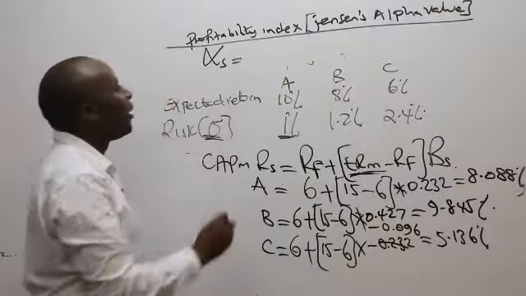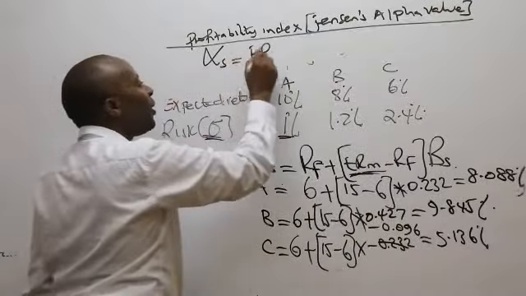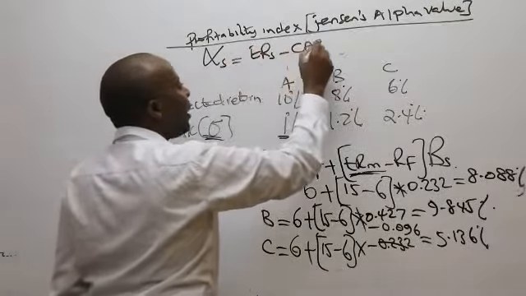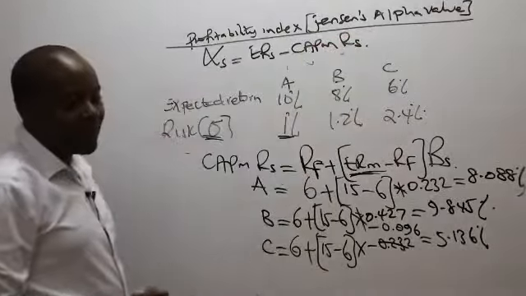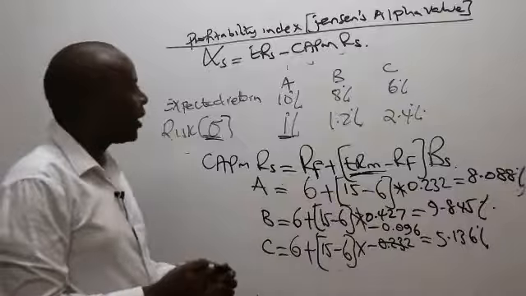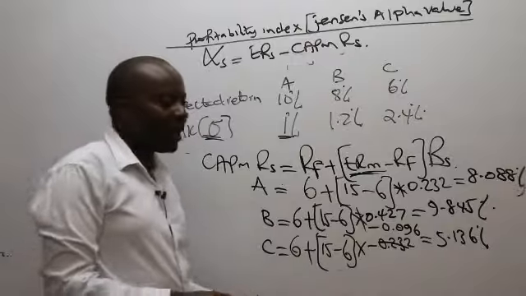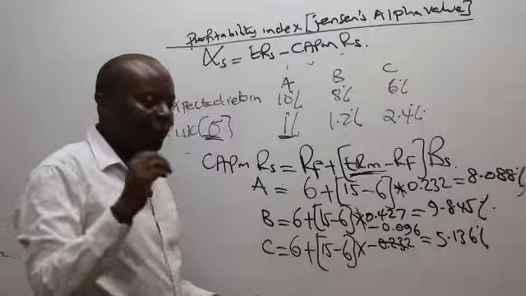Jensen's alpha value of any security will always take the expected return of a security minus the CAPM returns of that security.